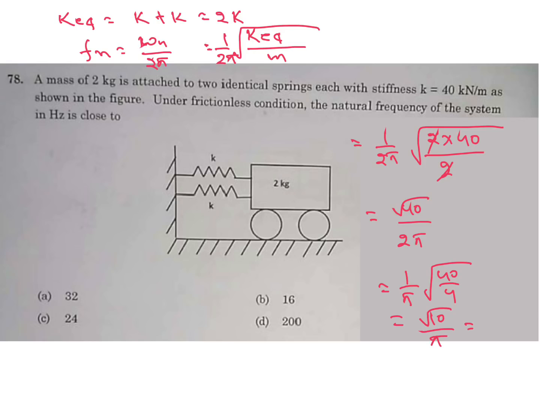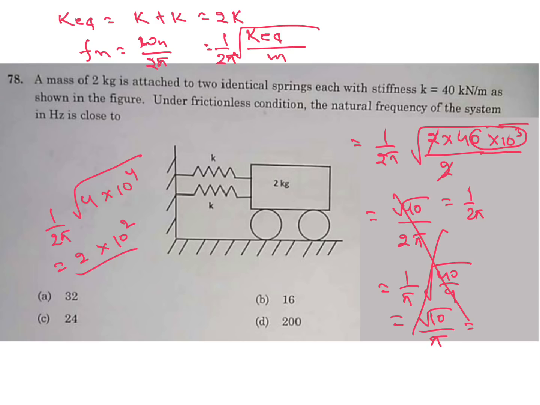Here it's kilonewton, so multiply 10 to the power 3, then you will get 100 by pi, so around 33.